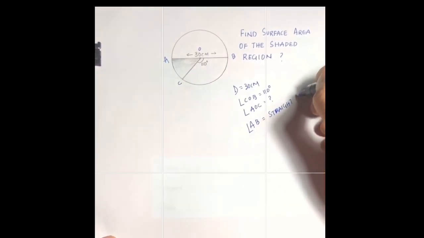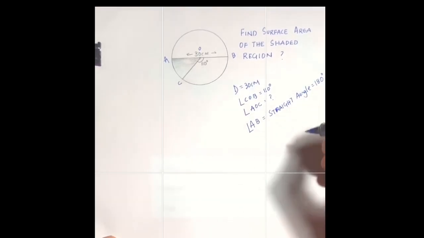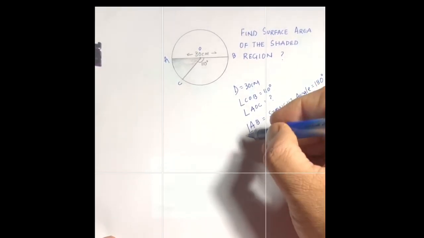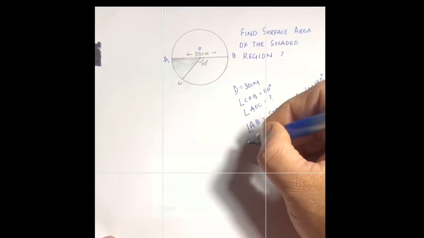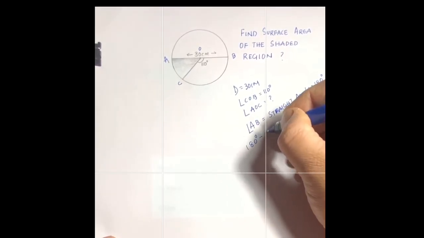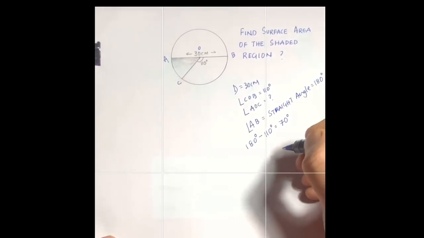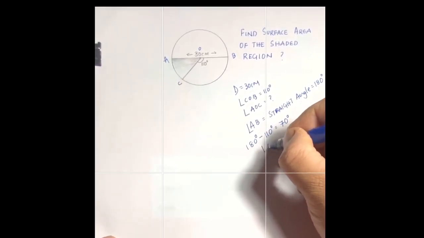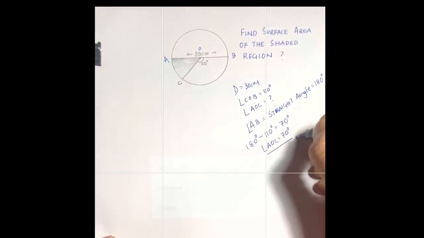Yes, it is a straight angle, and we know the straight angle is always 180 degree. Now to find out AOC, we can find it as 180 degree minus 110 degree, which will be 70 degree. So now we know that the AOC is 70 degree.